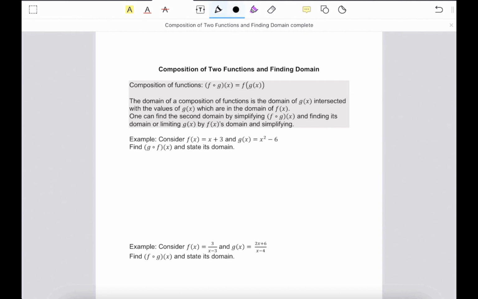So here's an example. It says consider f of x equals x plus 3, g of x equals x squared minus 6. We're going to find g of f of x and state its domain. This is the same as g with f of x inside of it. And this is g of, replacing f of x with x plus 3.